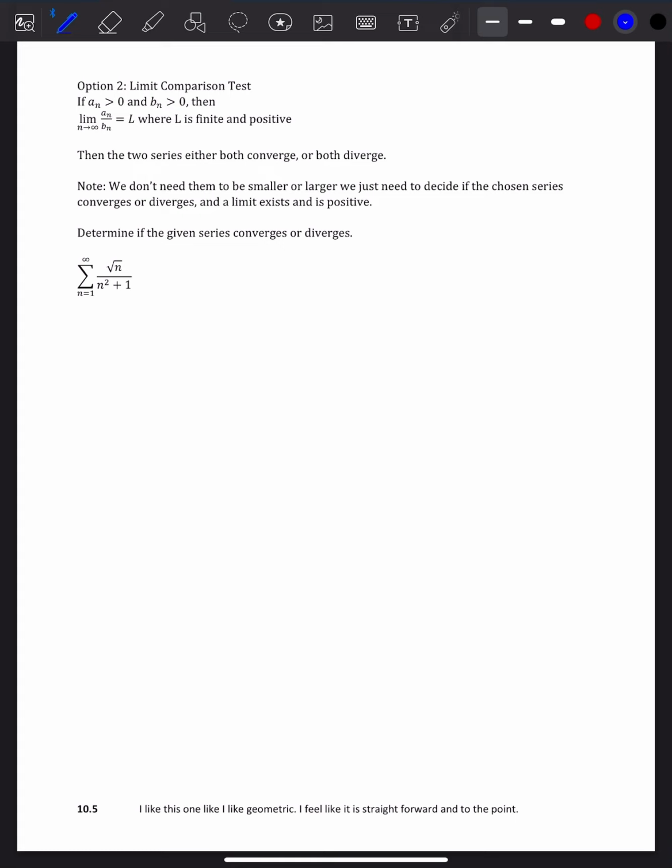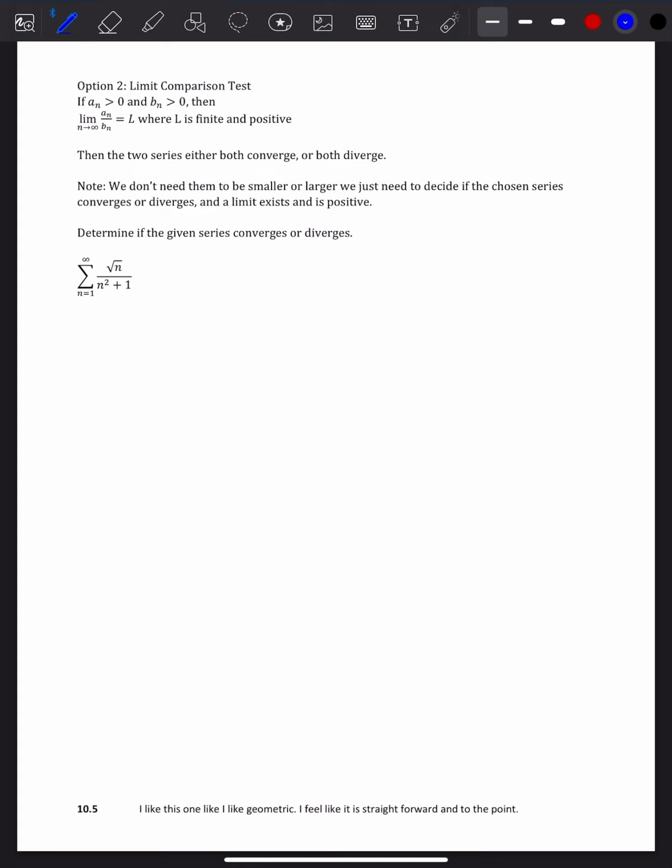If we get a finite positive number, then the series will either both converge or both diverge. So what we need to do is choose a series that either converges or diverges, and when we divide those two functions, we need it to have a limit that exists and is positive.